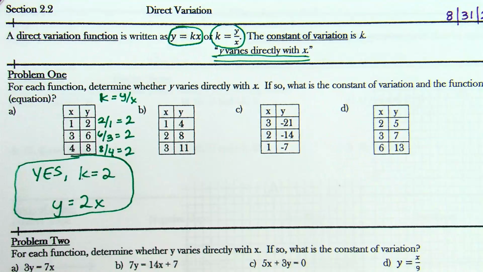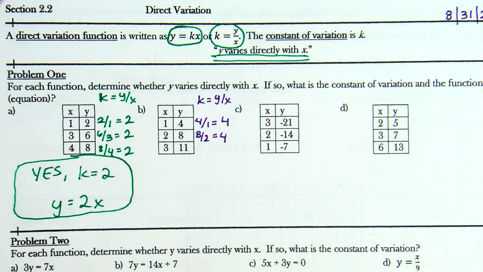Check the next set. 8 divided by 2 is 4. So far, so good. Should I quit? No, it has to work for all of them. Last set, 11 divided by 3. The calculator says 3.6 repeating.